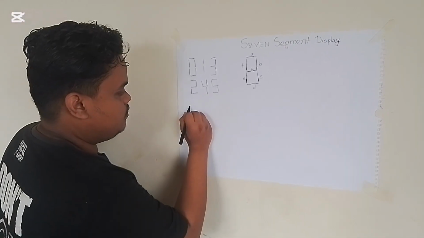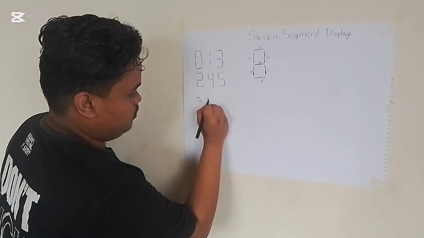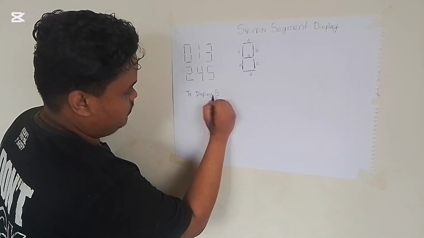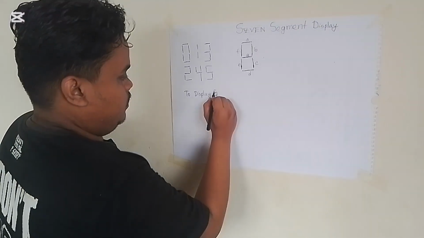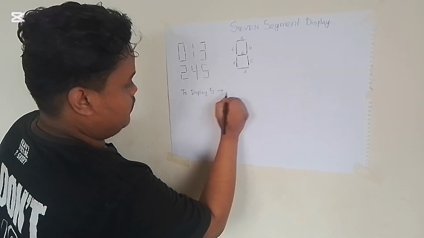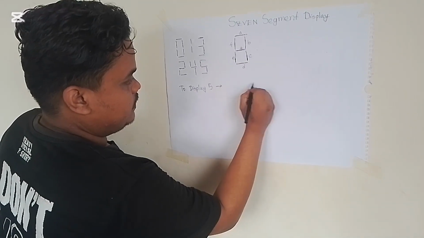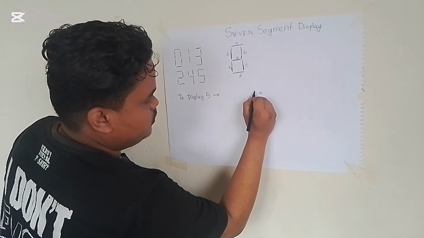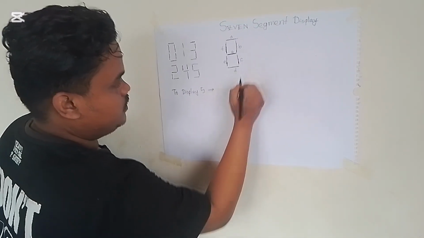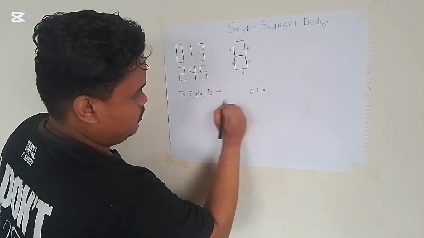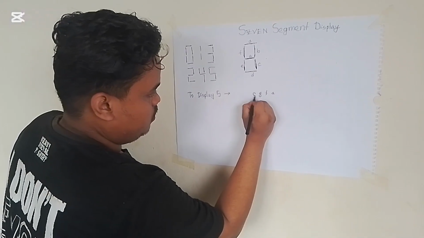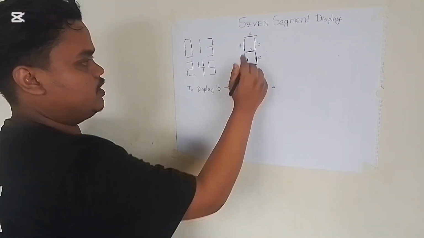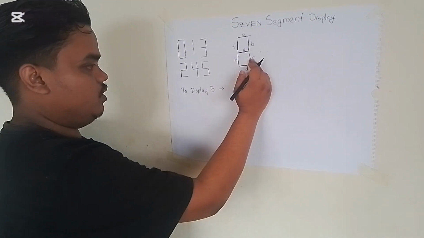To display 5, here A is on, F is on, G is on, C is on, and only D is on, and the rest of the segments are off.